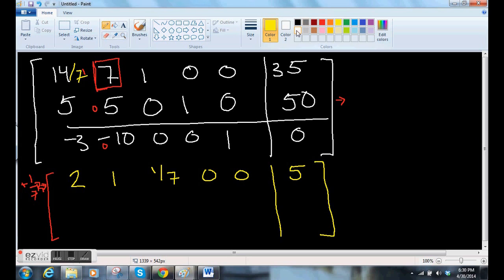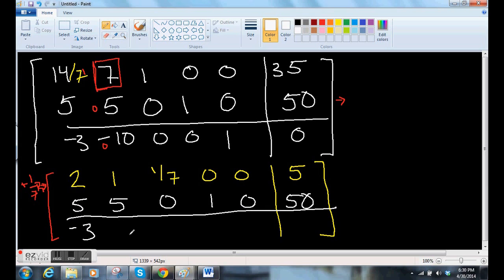I haven't done anything to the rest of the rows, so I'm leaving them in white. I'm going to run out of paper very soon. Okay, minus 10, 0, 0, 1, 0. Hold on, I'm going to rewrite this.